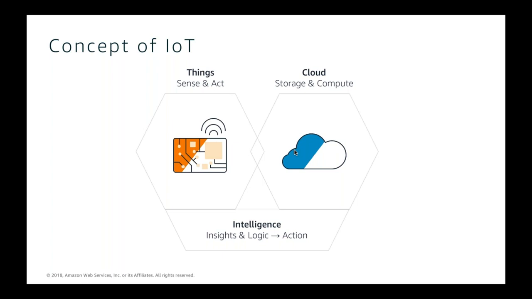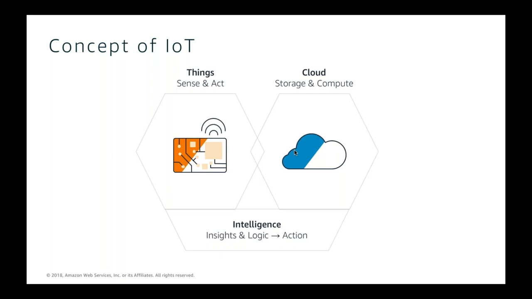This is where our cloud-based services run, which provides you secure and scalable storage and compute capabilities for you to bring this data into the cloud, so you can start processing that data. And the third and the most important pillar in IoT is around intelligence.